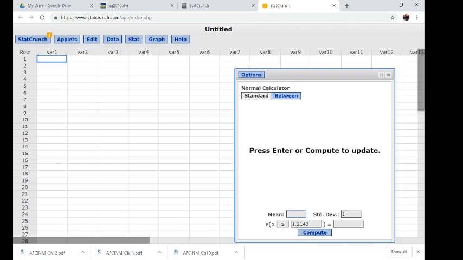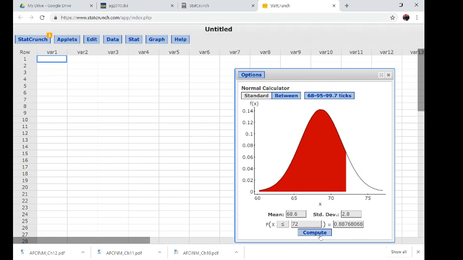So 68.6 and 2.8. And then 72 was our x score. And compute. And notice it gives us the same area to the left of the x score. So 1 minus that number would be the 0.1123.